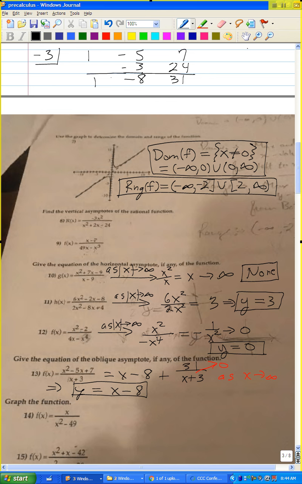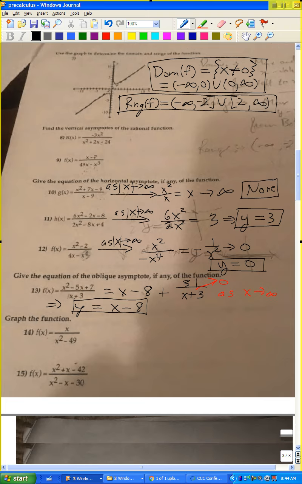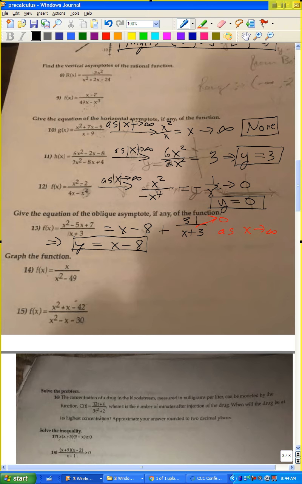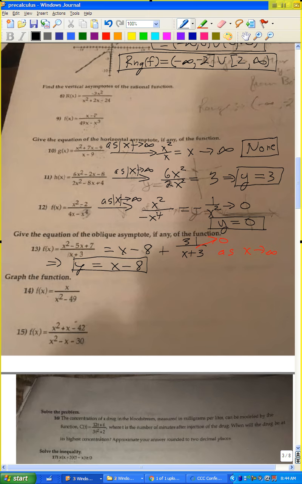Okay. Now they're asking you to graph. So graph these functions. Okay, so let me go up here so I can get a new page.